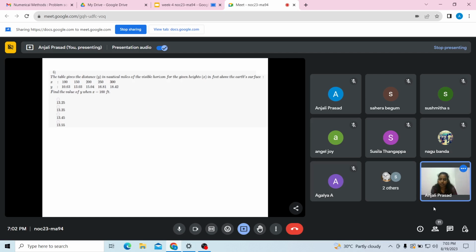Use forward difference interpolation or backward difference interpolation, or you can use the shift operator method, and find the value of y at x equals 160 feet. Is it 13.25 or 13.35 or 13.45 or 13.55?